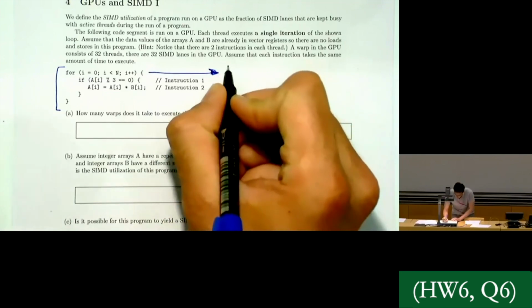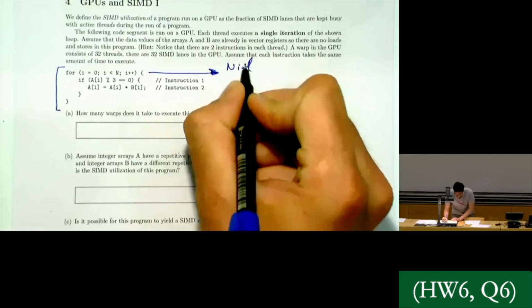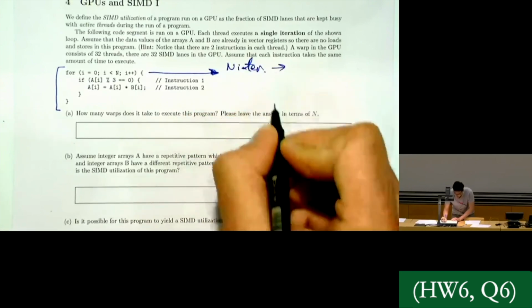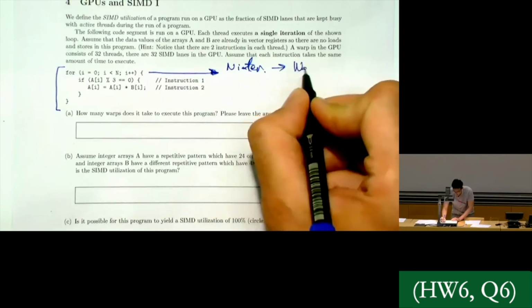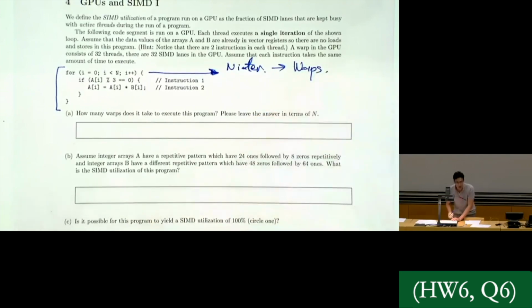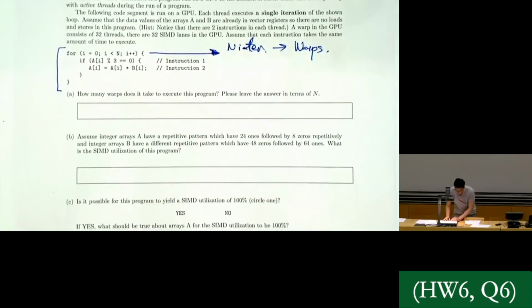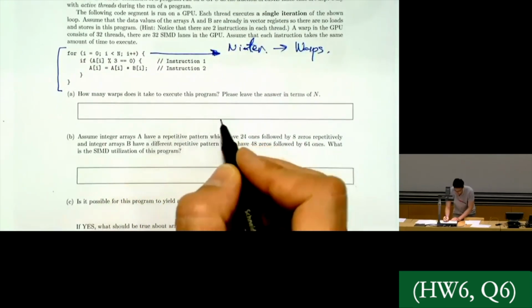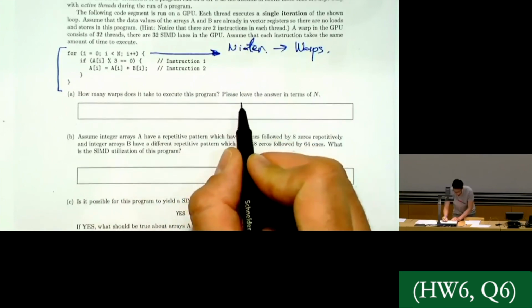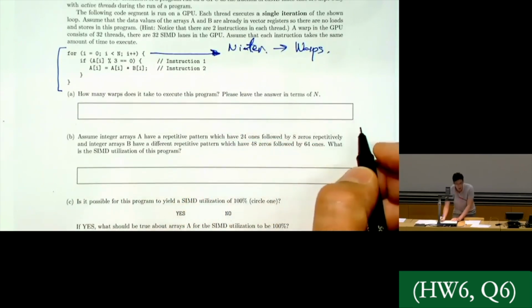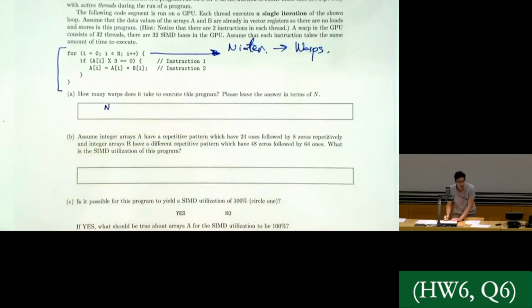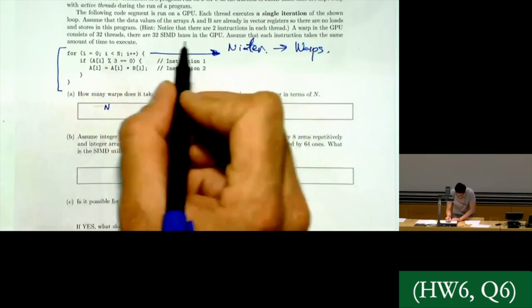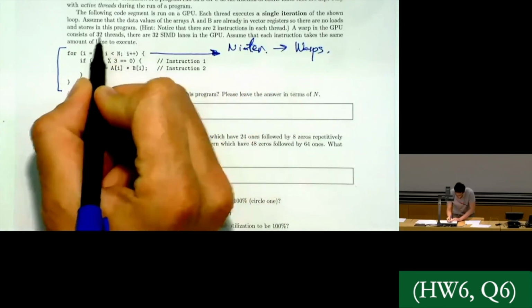So here we have n iterations, and these n iterations are going to be executed by a certain number of warps. That's the first question, part A. How many warps does it take to execute this program? Please leave the answer in terms of n. So we have n iterations. We know that the warp size is 32.